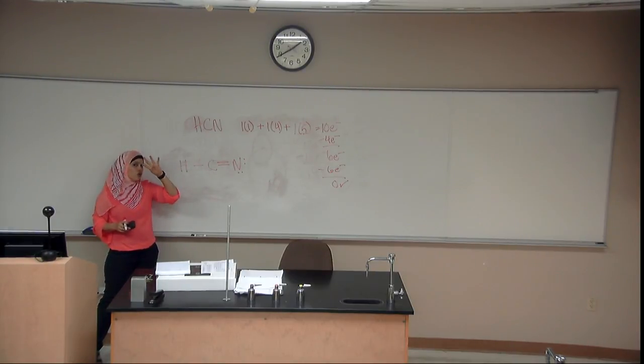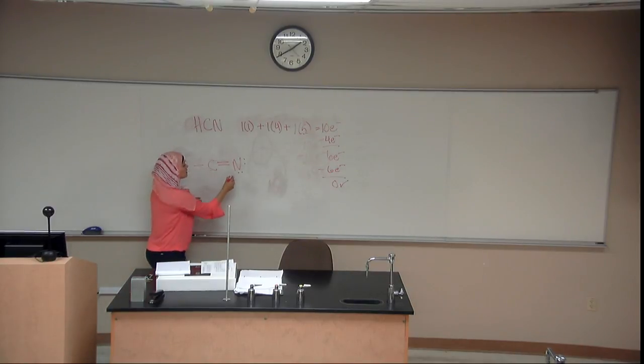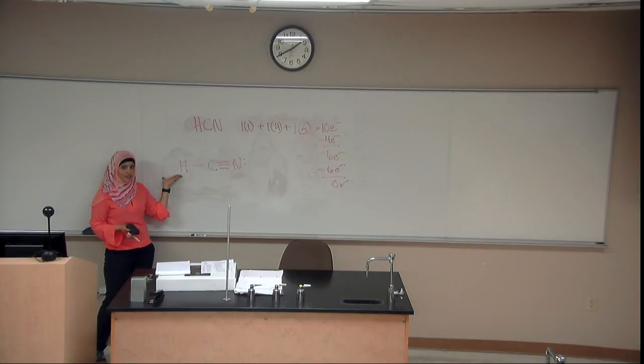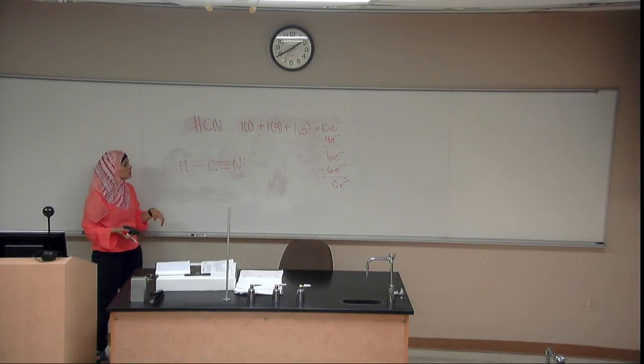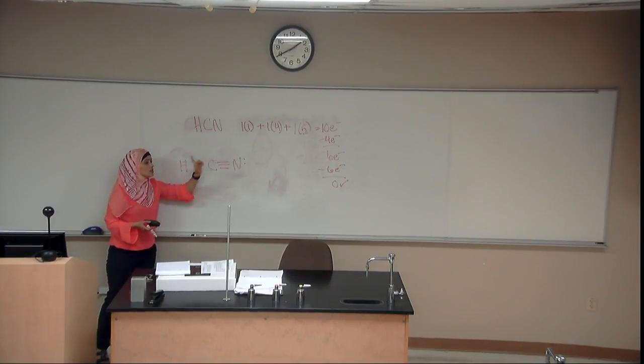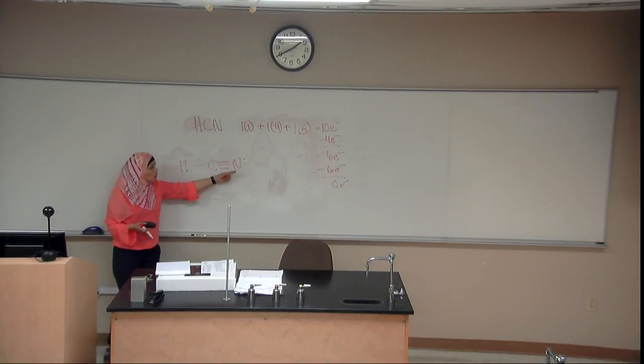Remember, carbon likes to form its 4 bonds. So we're just going to take another electron pair, bring it in to do that triple bond. Now you saw that I didn't touch this at all because this had nothing else on it, right? It already has 1 single bond, so it's good. So this becomes the Lewis dot structure for HCN. Now, double check yourself. What do you know about nitrogen?